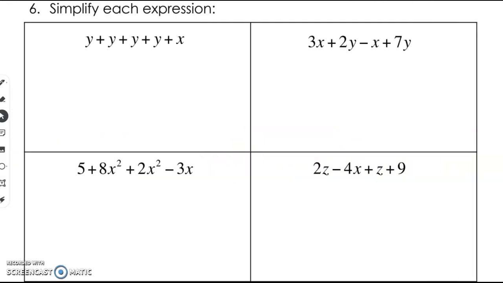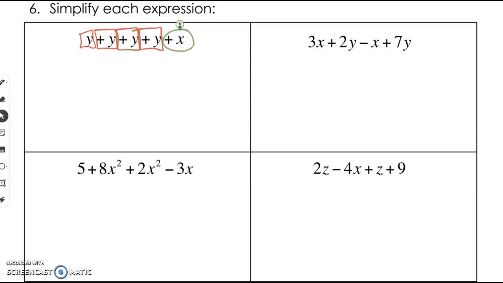Okay, so my first one, again, I have 1, 2, 3, 4 y's and 1 x. So I'm going to combine my like terms. So I have my y, x, y, and then I also have an x.